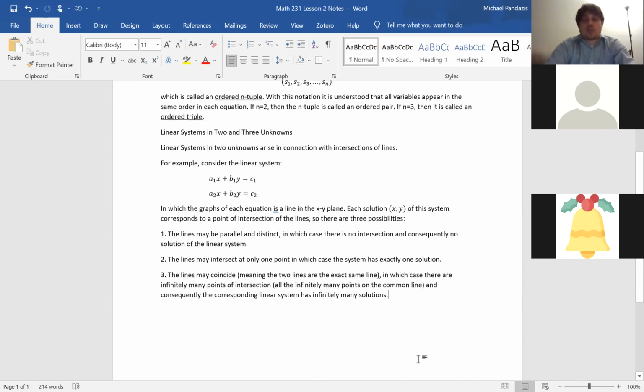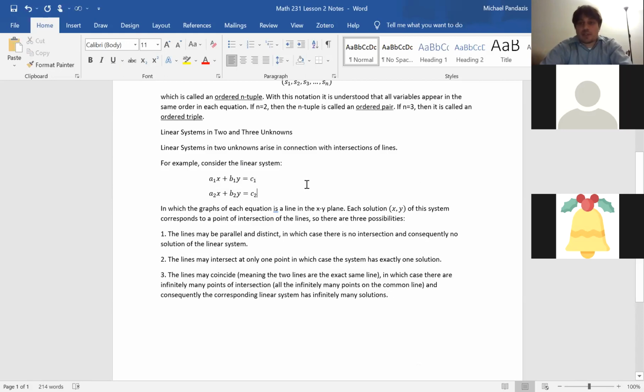Those are the only three relationships that these two lines can have: parallel and distinct, intersecting at one point, or the same line intersecting at infinitely many points. So for this linear system, there can only be 0 solutions, exactly 1 solution, or infinitely many solutions.